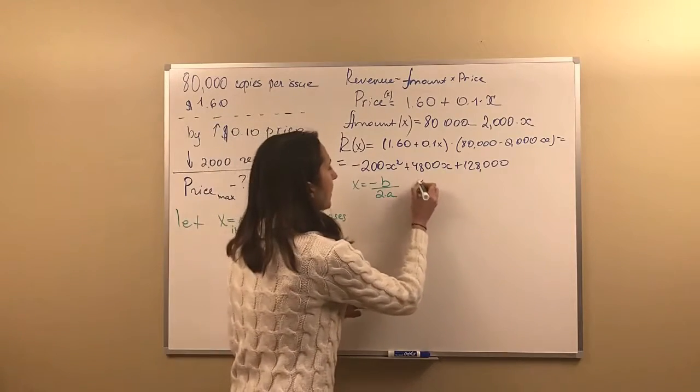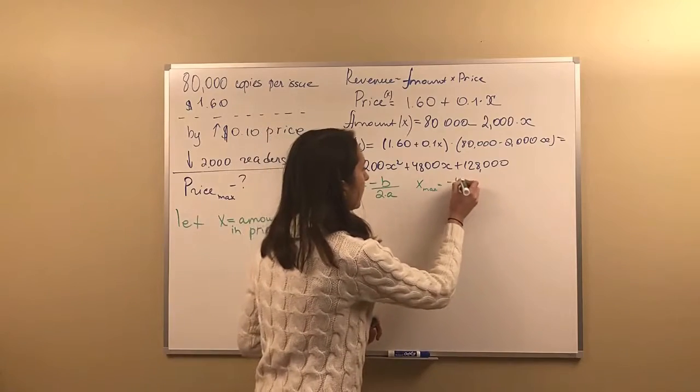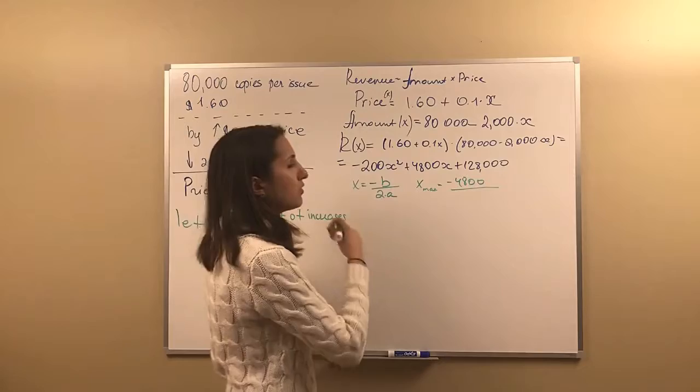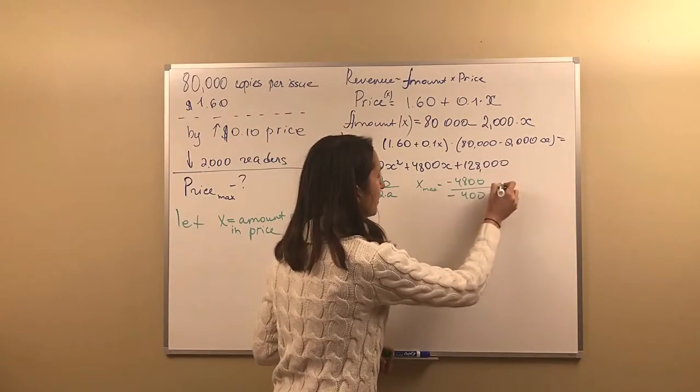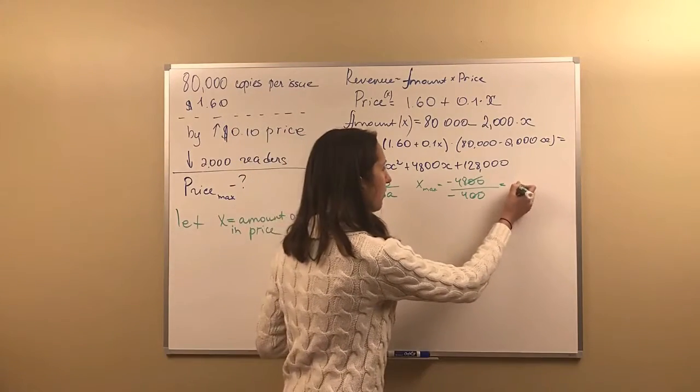So let's do that. X max will be negative b, negative 4,800, divided by 2a, 2 times negative 200, negative 400. So minus minus gives us plus. We can reduce that, so 48 over 4, and that would be 12.